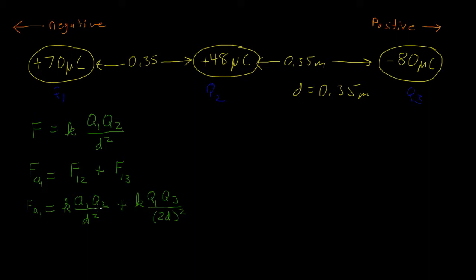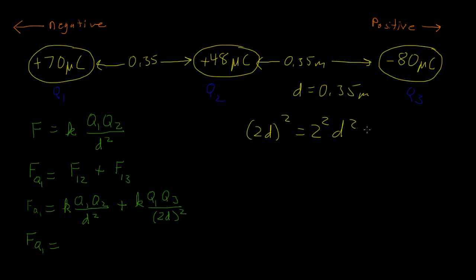Okay, so before I plug any of my numbers in here, I'm going to go ahead and factor this. So the force on Q1 equals, and let's look at the common things that I can take out here. Both of these have a K in them, they both have a Q1, and they will both have a D squared. Okay, so 2D squared is the same thing as 2 squared times D squared. In other words, the square of a product is the same thing as the product of squares.